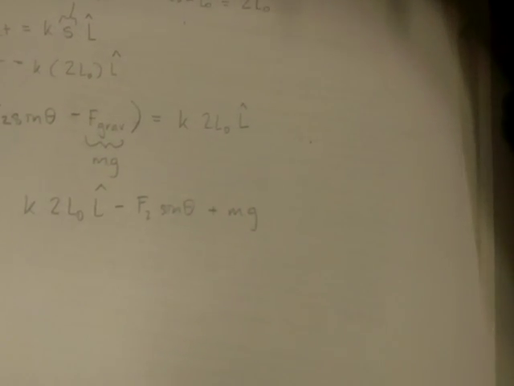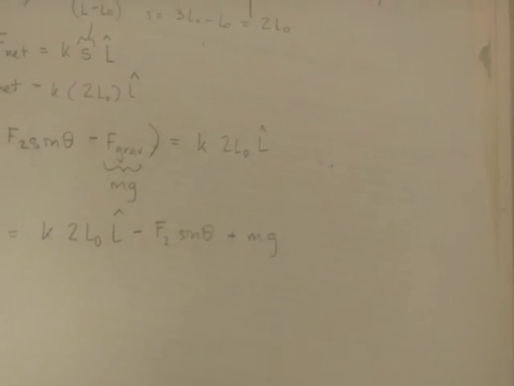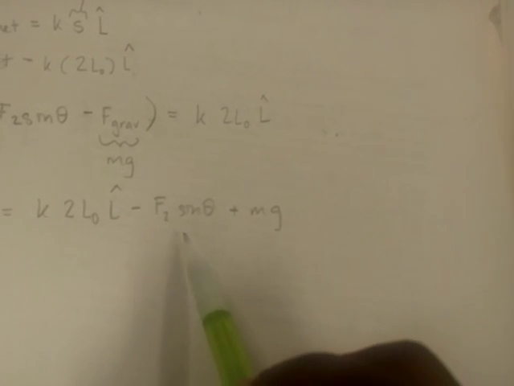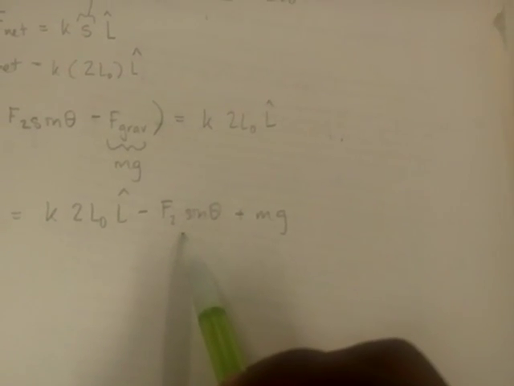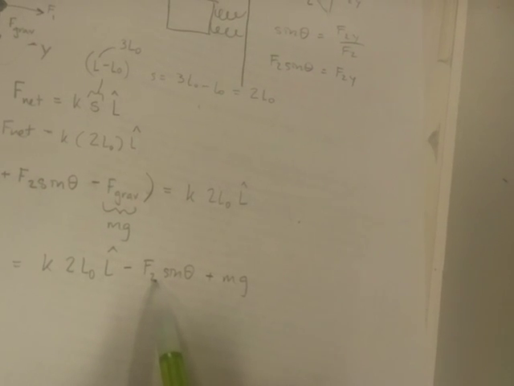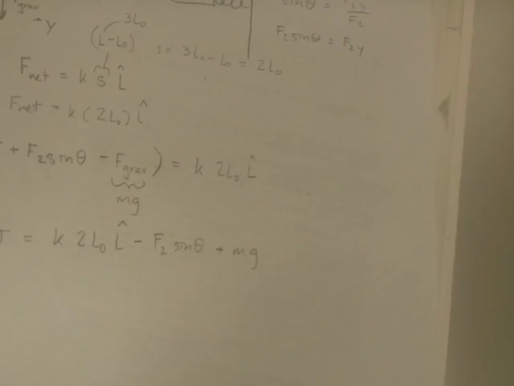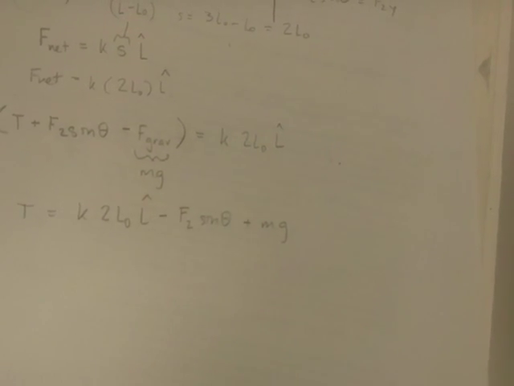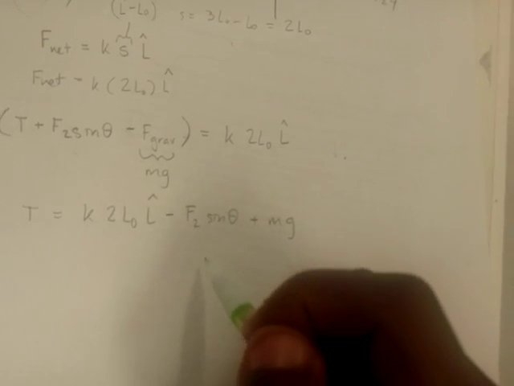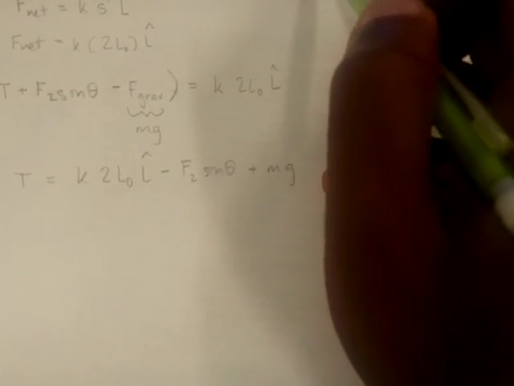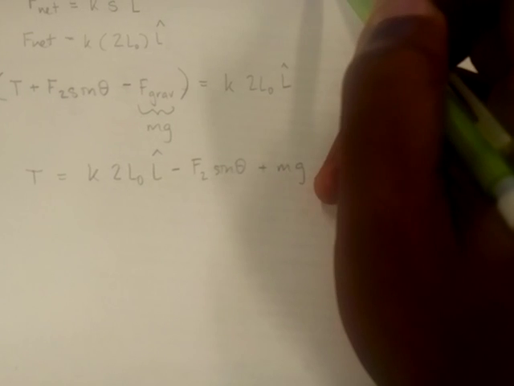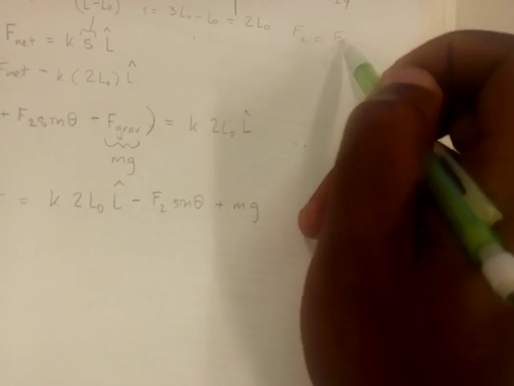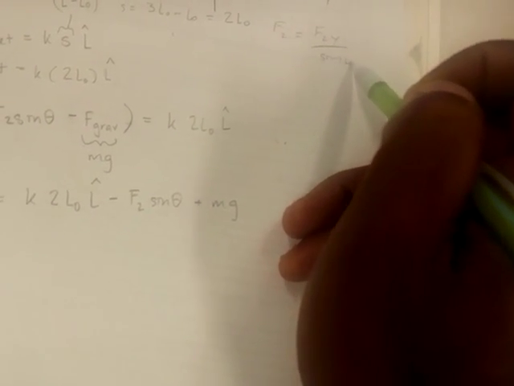So let's see. Would that get us to where we need to be? Almost. F2 sine theta. Right. Let's see. F2 sine theta is this. F2 is equal to F2y over sine theta.